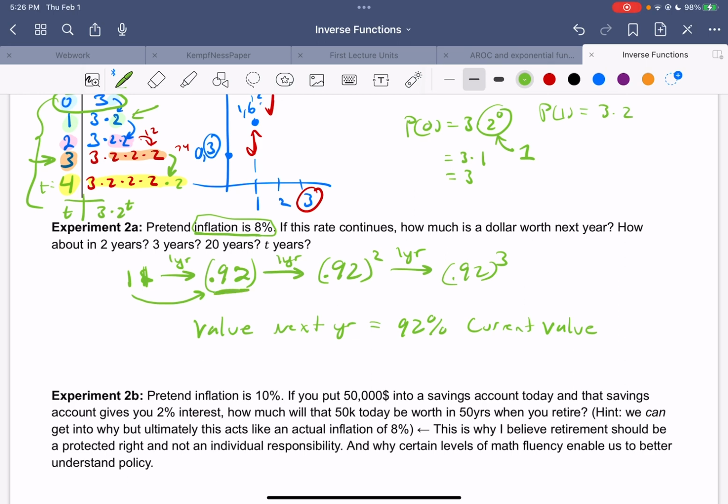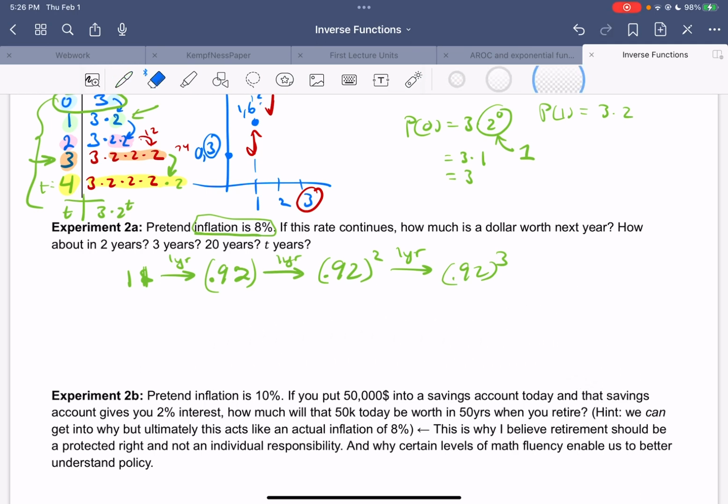But when I have 92 cents, 92% of that is 92% of 92%. Okay, and then it just keeps going. Okay, I'm lying a little bit, but this is essentially the idea. And in fact, after t years, $1 would be worth $1 times 0.92 to the t. Right? And there's nothing special about the number 1.